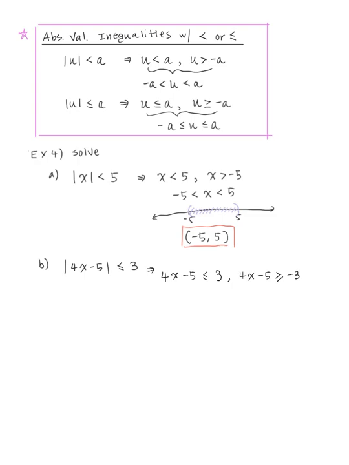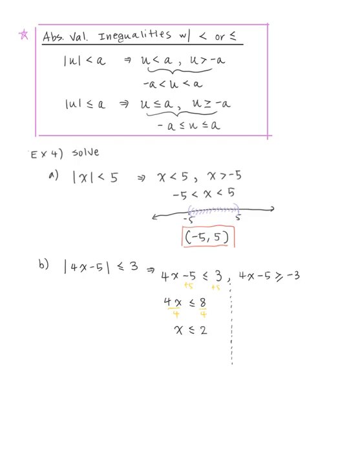Let me separate this so you can tell which side we're working on. Here we add 5 on both sides, and you get 4x is less than or equal to 8. Now dividing by 4, you have x is less than or equal to 2.